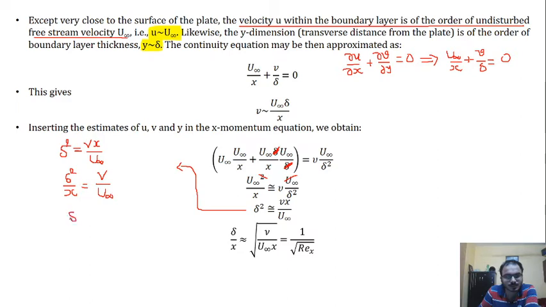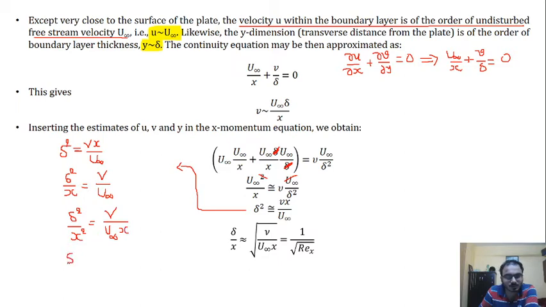So delta square upon x square is equal to nu upon u infinity into x.